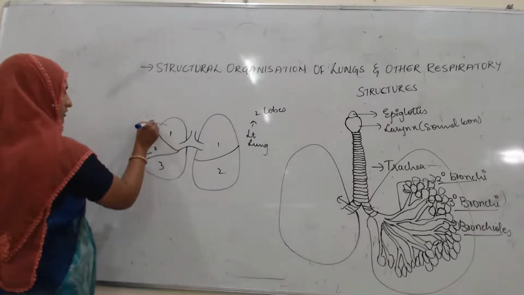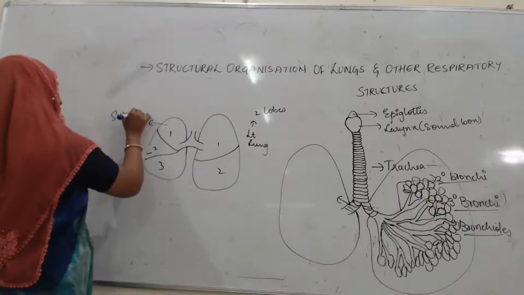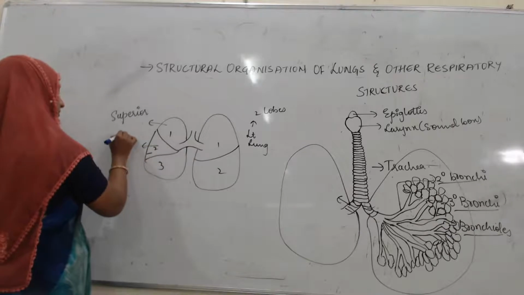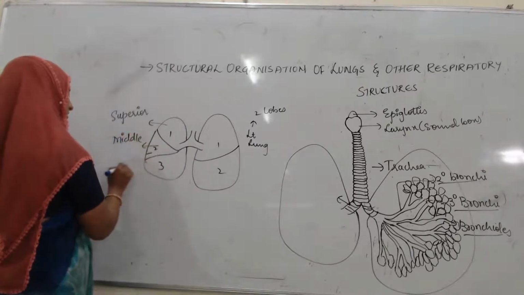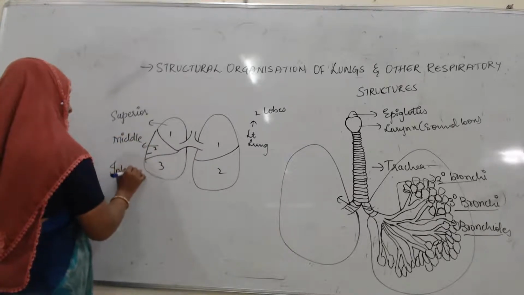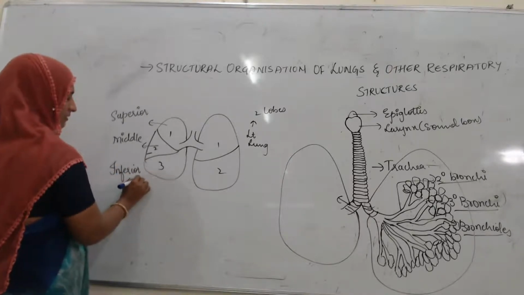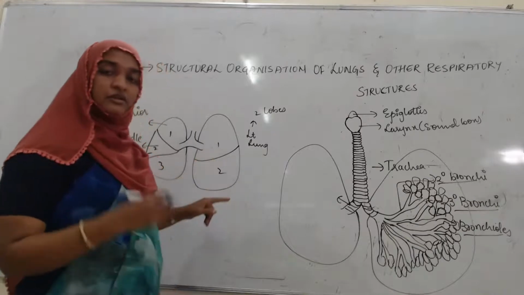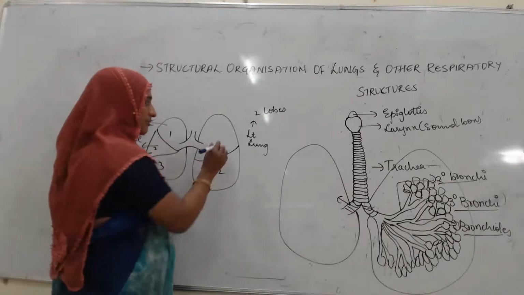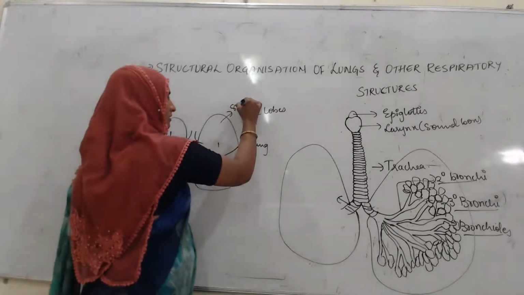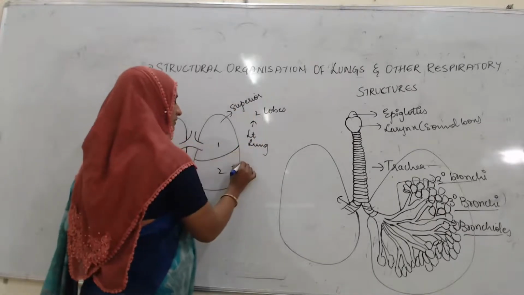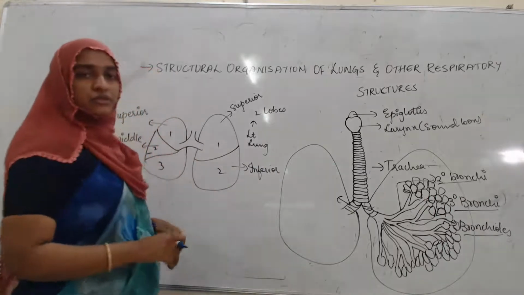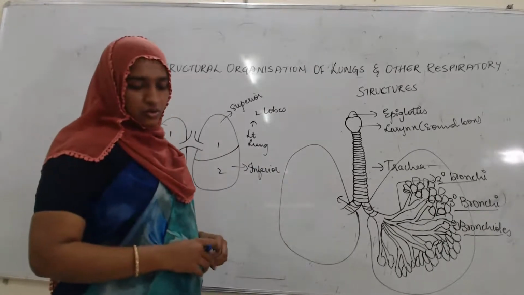See here, this is the superior lobe, this is the middle lobe, and this is the inferior lobe. Okay, in the right lung. What about the left lung? That is only superior and inferior. There is no middle lobe. Superior and one more, that is inferior. Okay, superior and inferior lobe.